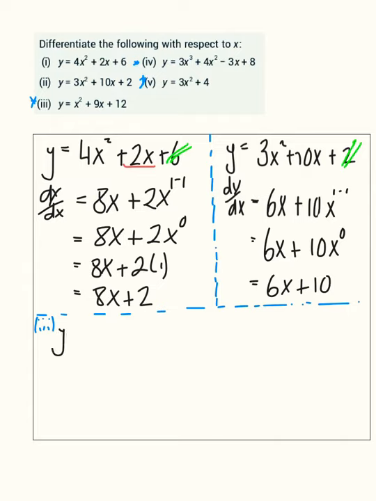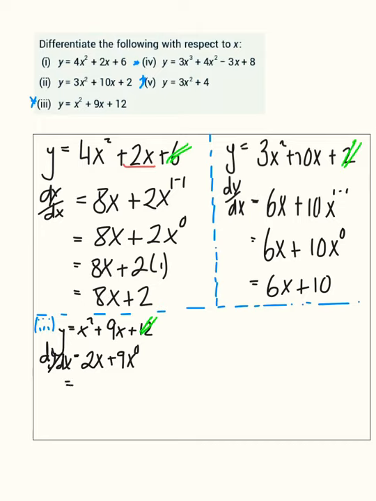So we've got y equals x squared plus 9x plus 12. Again, we're asked to find the derivative, so it's going to be dy dx equals, so x squared, so 2 times 1 is 2x, minus 1 from the power leaves me with 1, plus 9x, 1 times 9 is 9, minus 1 from the power leaves me with 0, and we can't differentiate constants, they just turn to 0, so we can just drop them there.